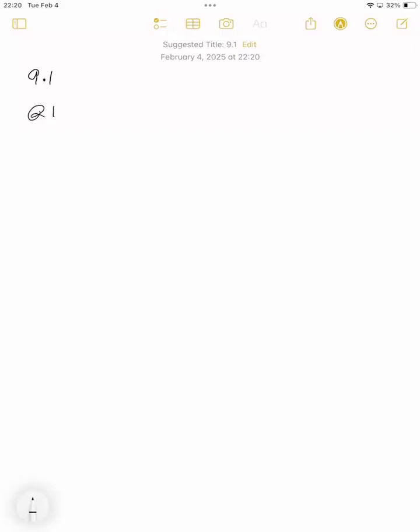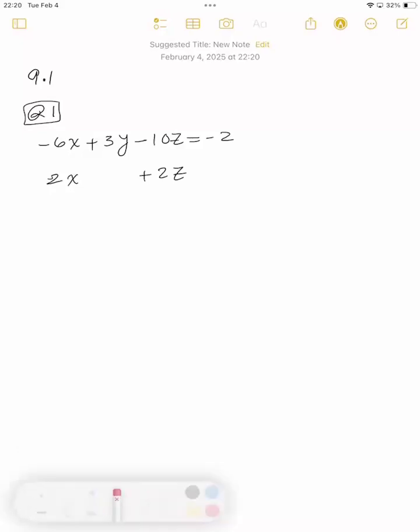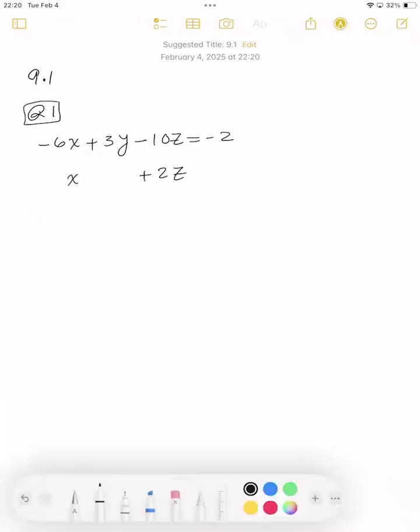What we have is negative 6x plus 3y minus 10z equals negative 2. We have 2x plus 2z equals negative 7.